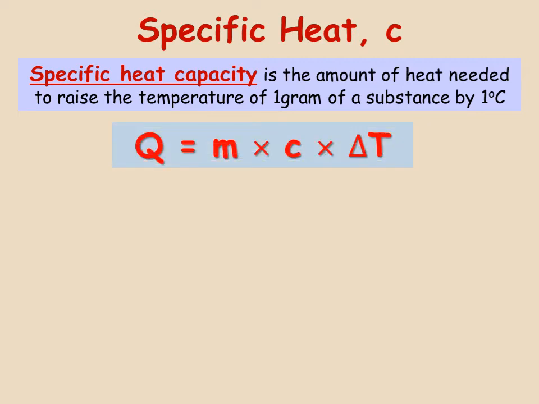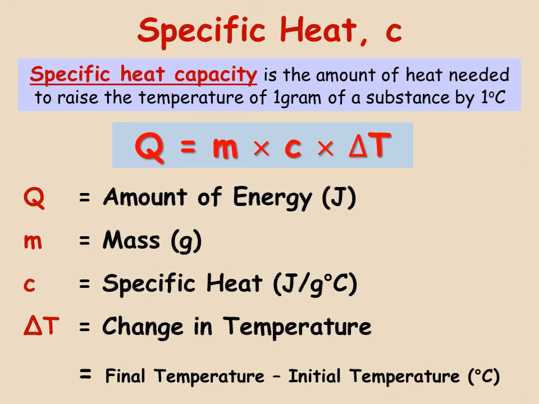So in most cases it is the water we are going to measure the specific heat and sometimes other substances as well, right? So by using this formula we can measure the specific heat capacity, that is Q equals mc delta T, in which Q is amount of energy in joules and m is the mass in grams, C is the specific heat capacity, that is joules per gram per degree Celsius, and delta T is change in temperature.